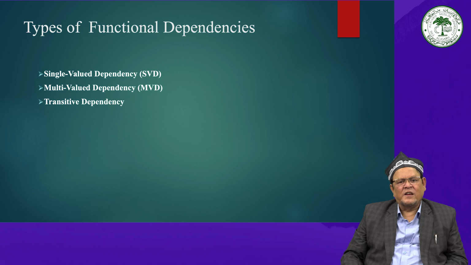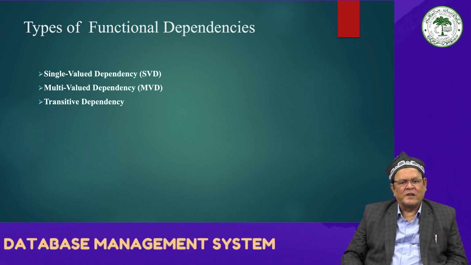Now let us understand the types of functional dependencies. In a database management system, various types of functional dependencies exist, each serving a specific purpose in database design and normalization. The most common types include single value dependency, multi-value dependency and transitive dependency.